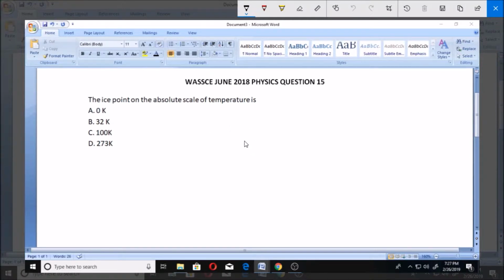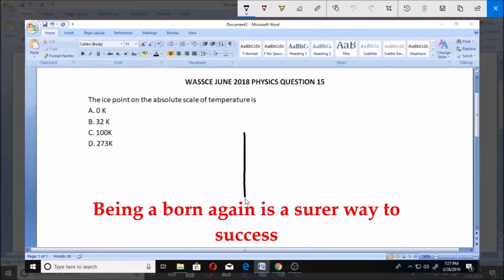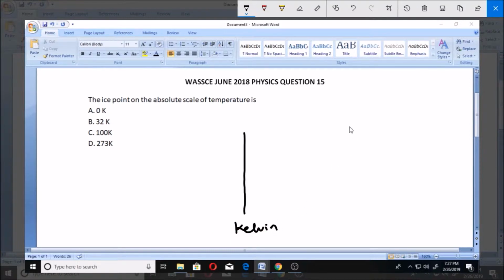For us to understand this, we need to know about the Kelvin and the Celsius temperature scales.